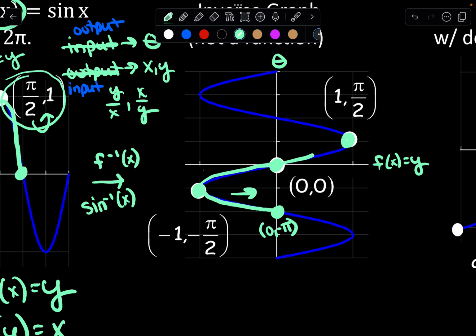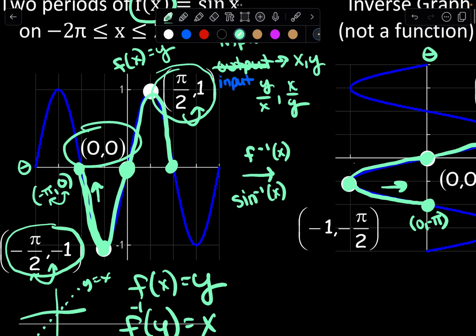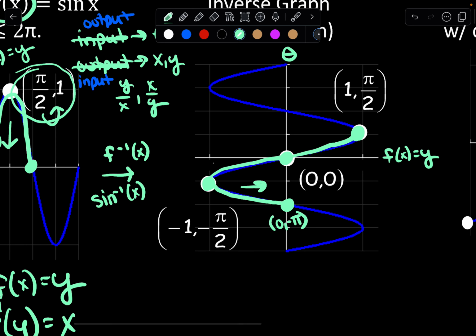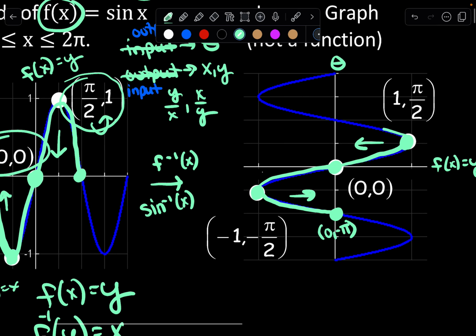And now my concavity is switching because on the original function, we are now concave down or towards the negative y values. And then on my inverse, it will be concave to the left towards the negative y values. And then I can finish connecting by graphing what would be, this is pi and then 0. So it would be 0, pi on this one.